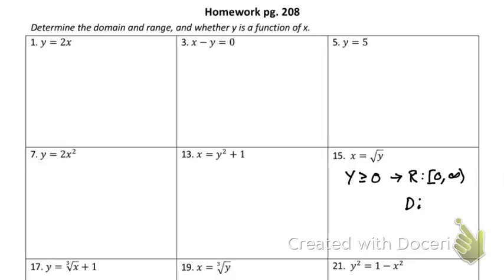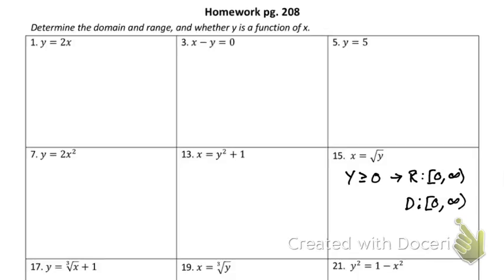I think the easiest way to do these is do them backwards. Don't square both sides. Just ask yourself what values of y work, and then what values of x I can get out with those values. So our domain would have to be 0 to infinity as well, because the smallest the range can be is 0, so the biggest the domain can be is 0 as well.